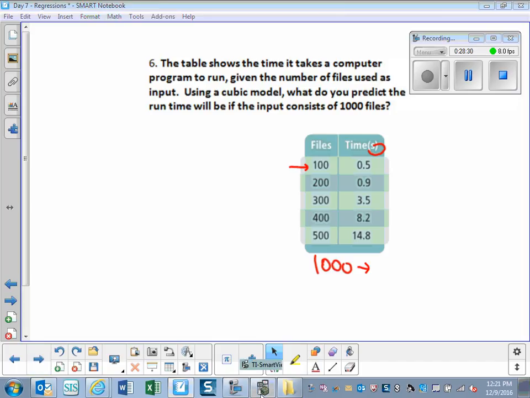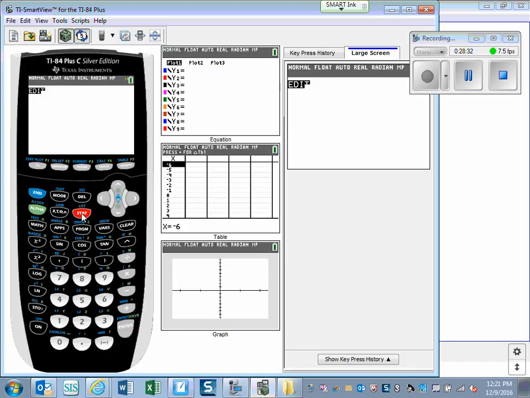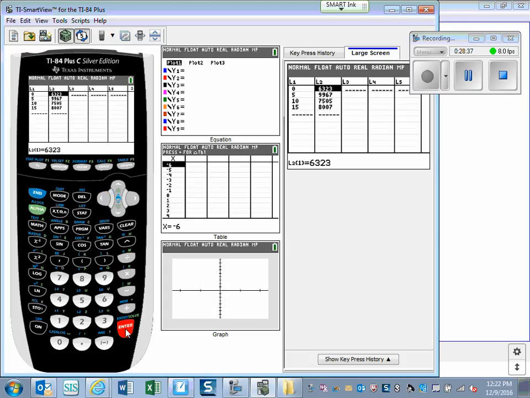How long will it take for the program to process 1,000 files? Okay, so let's get our calculators and enter this data. So start, edit. Okay, you have to pay attention now. If you go into any kind of empirical science or finance or marketing, this is important. So 100, 200, 300, 400, 500.